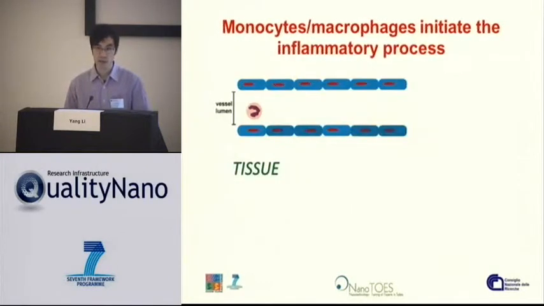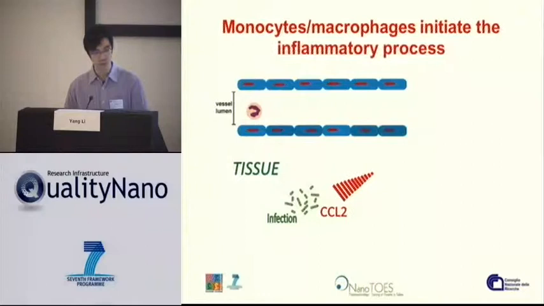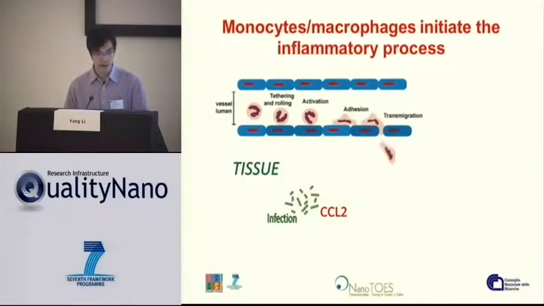What about the response of the monocytes within the innate inflammatory process? I will show you in the following cartoon. If the tissue has an infection, the resident macrophage will produce CCL2, a chemokine. The chemokine will recruit blood monocytes to roll, then penetrate the blood vessel wall to go to the infected tissue, and become activated as macrophages.